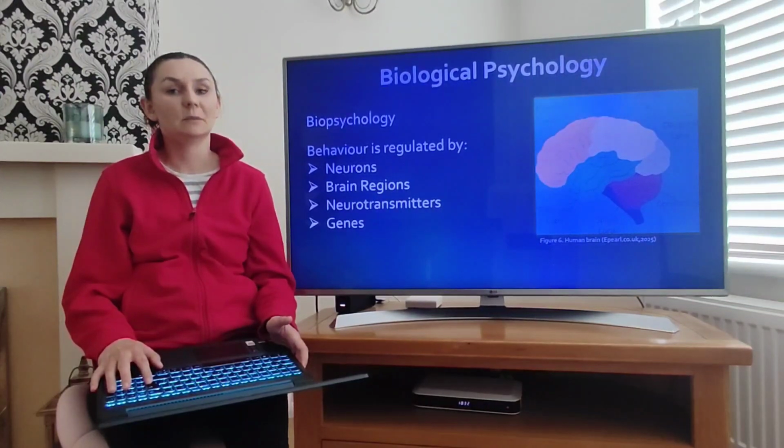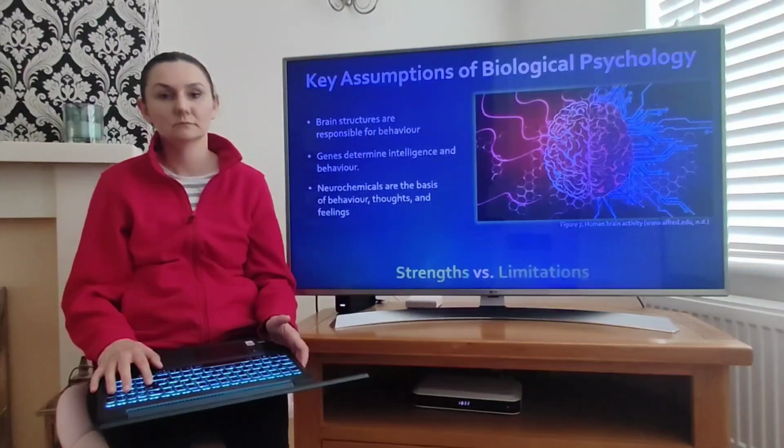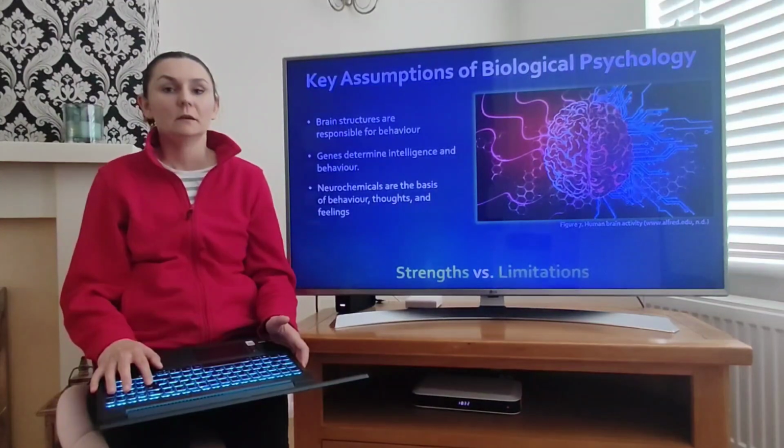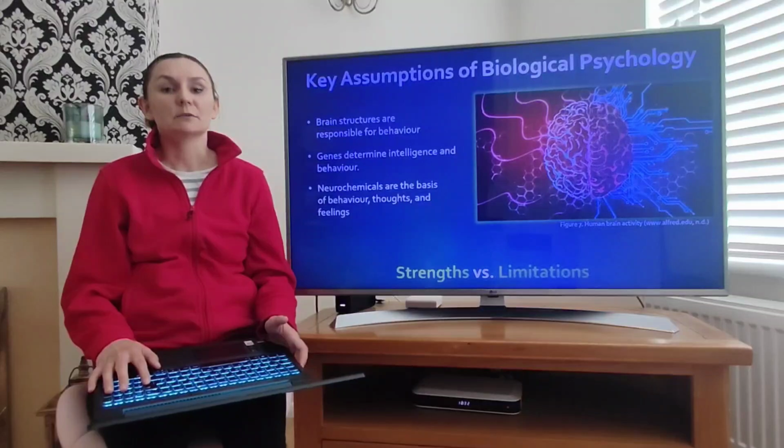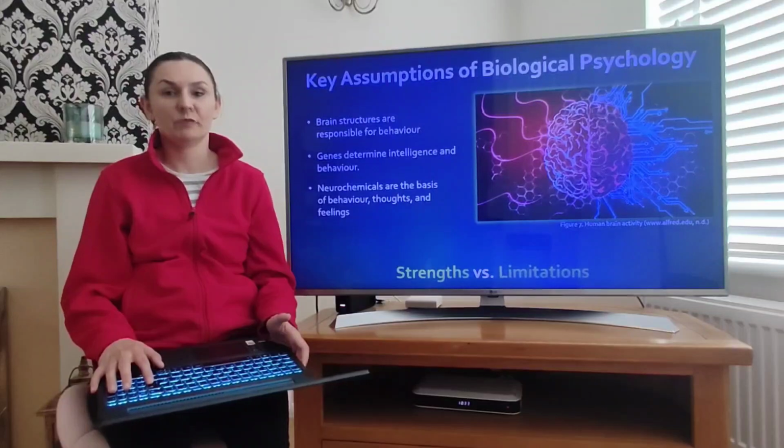To analyze the link between brain and behavior, researchers used lab experiments including animals, humans, case studies, observations and technology such as MRI and EEG scans. The three main key assumptions of biological psychology are: number 1, brain structures are responsible for our behavior and abilities.